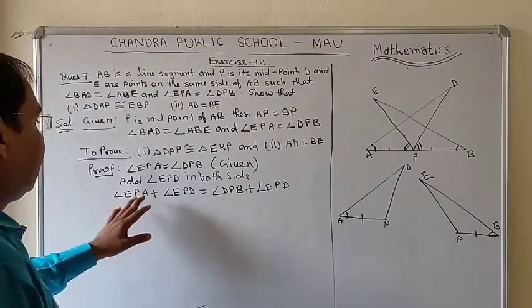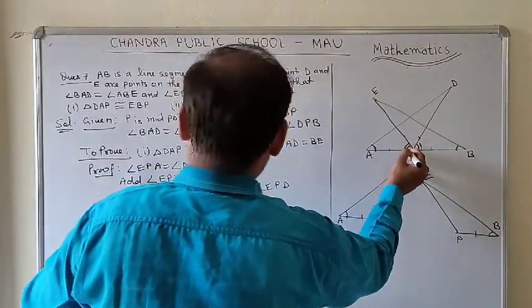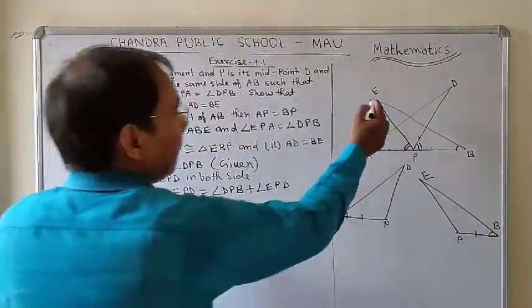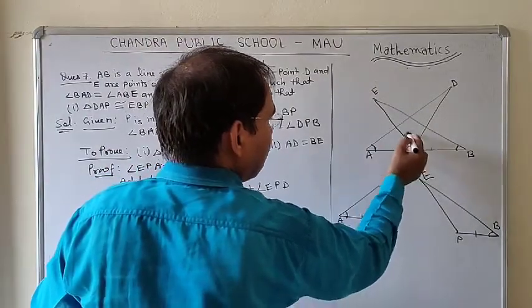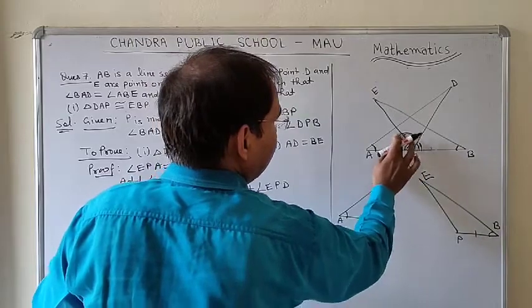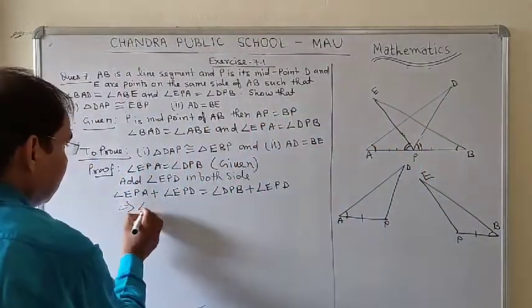Now look in the diagram. Angle EPA plus angle EPD, this angle plus this angle equals this angle. So it will be equal to angle APD.